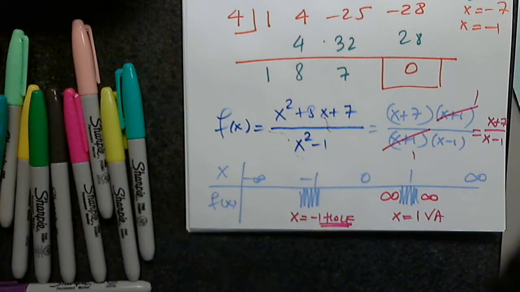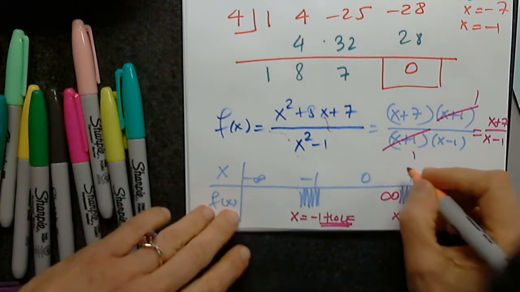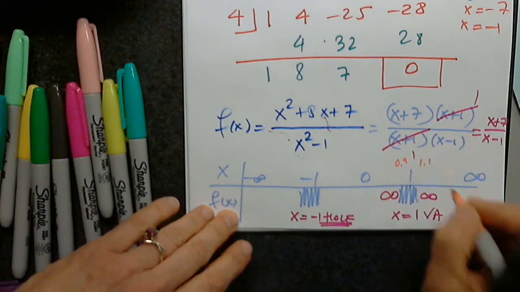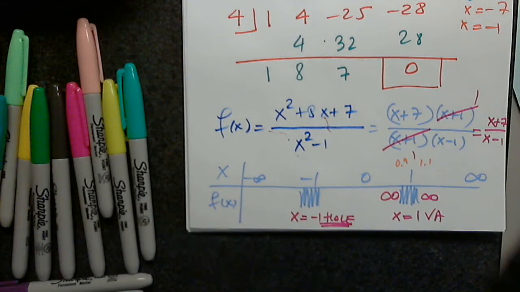But what I don't know is exactly the sign of the infinities. I will not put these numbers in the chart, but I need to plug in 0.9 and 1.1, as close as I possibly can to 1.